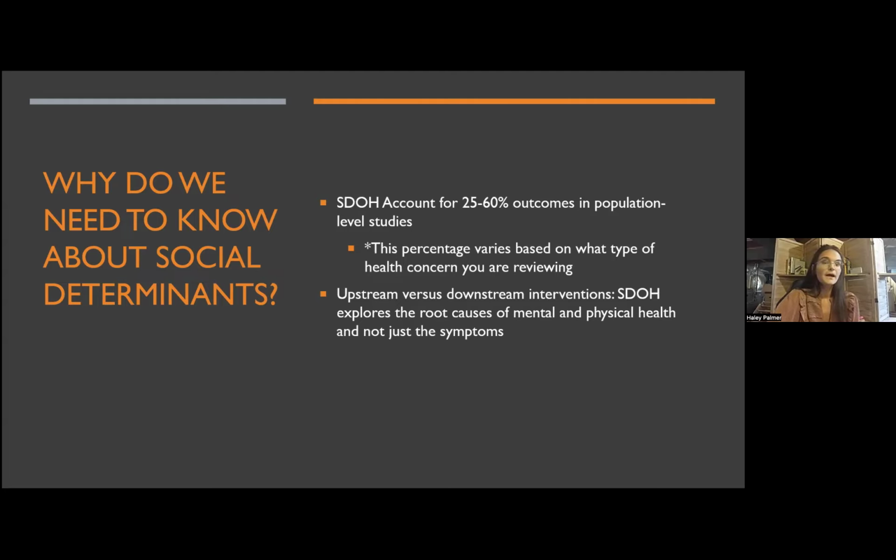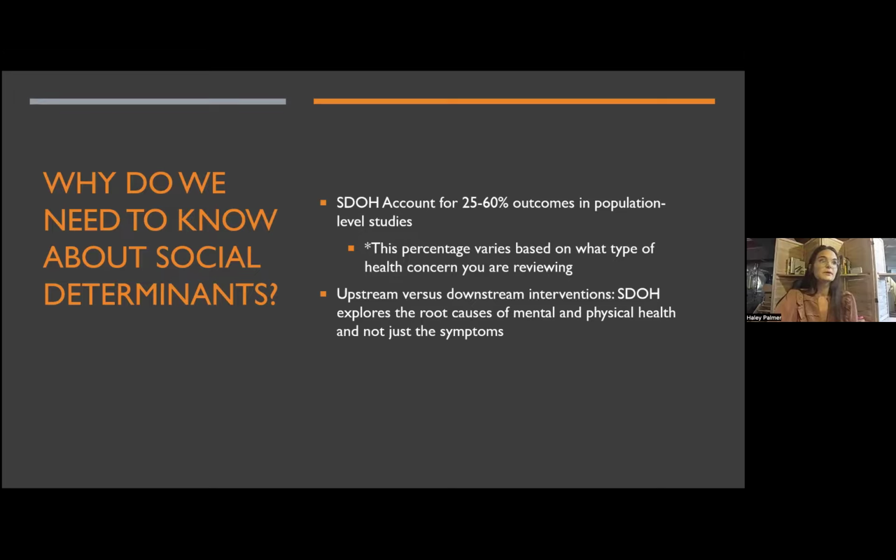Upstream would be what people are coming in with, what types of experiences they're having outside of the healthcare setting. And then our types of services are the downstream interventions that we provide as healthcare providers. Social determinants of health explore the root causes of mental and physical health and not just the symptoms.